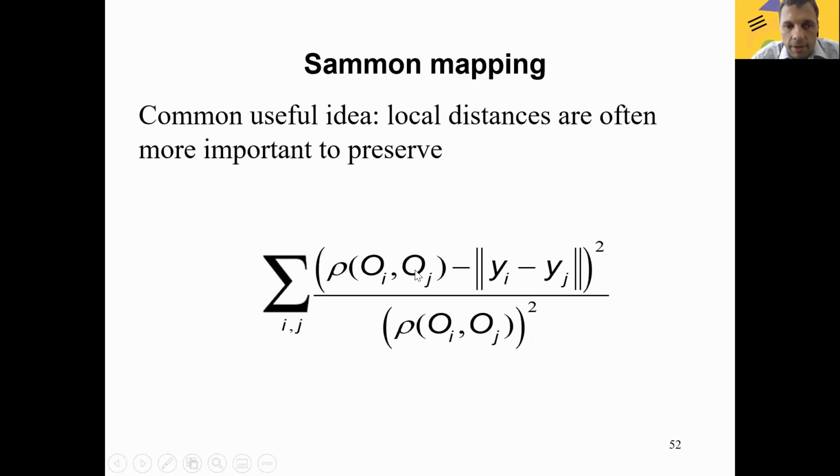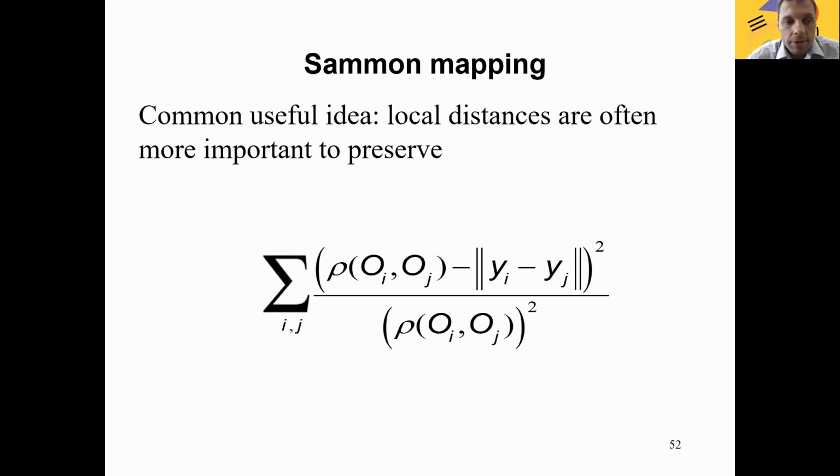There exists another variant of MDS called Sammon mapping. The only difference is that here we normalize with respect to the distance in the original space, because if two objects are close in the original space, we would like to represent this property as accurately as we can.